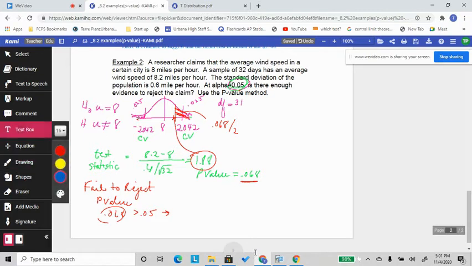Okay, so we're going to write two sentences now. Let's write our p-value sentence first.